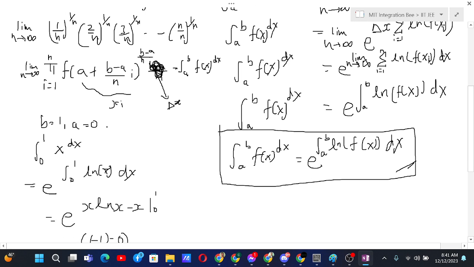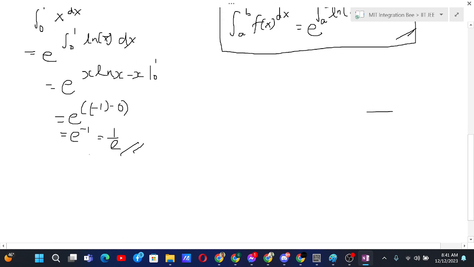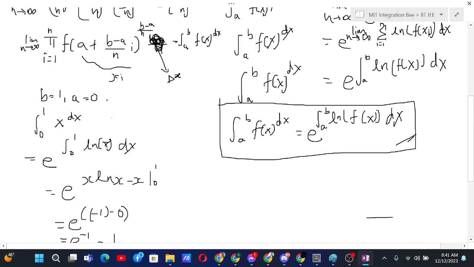If we directly knew that the product integral of x is equal to e to the power x ln x minus x, just like we remember the formula for normal Riemann integrals, then it could have been direct: just evaluate from 0 to 1. That would be a lot easier, but anyway, it was just an application of product integral, and I hope you enjoyed this. Thanks for watching.